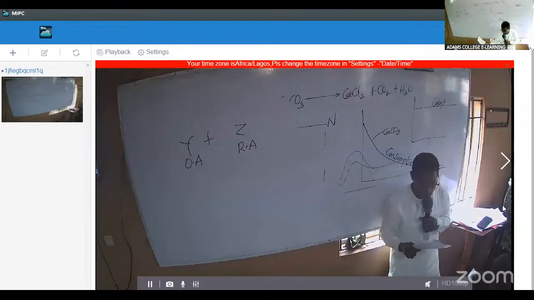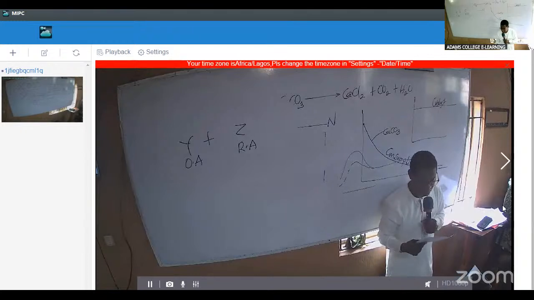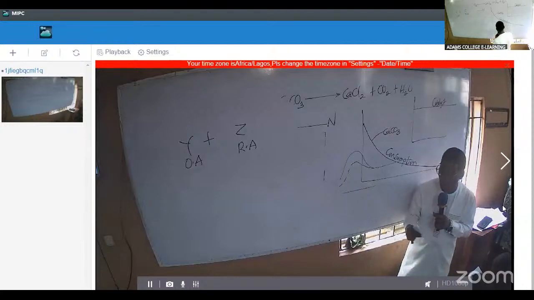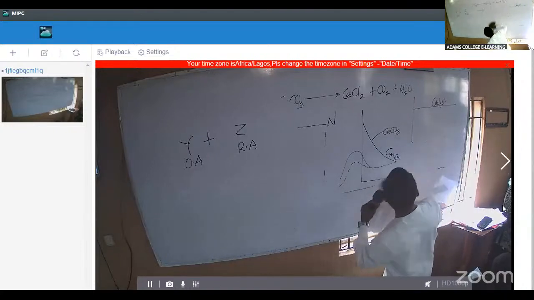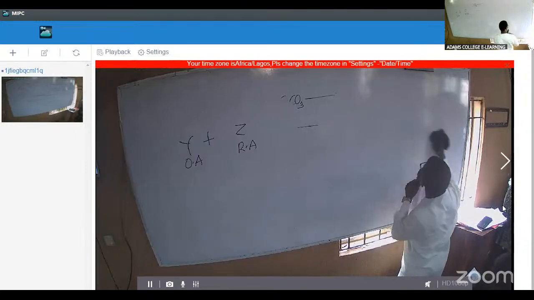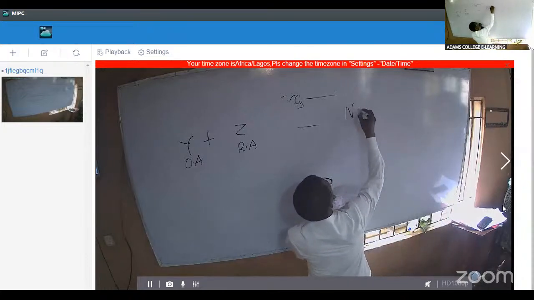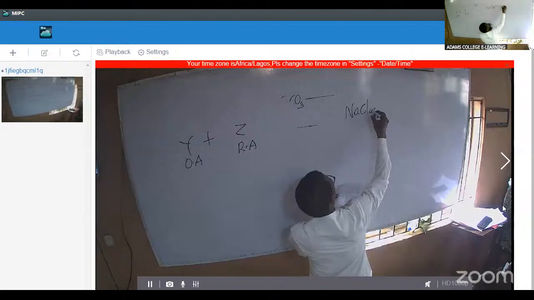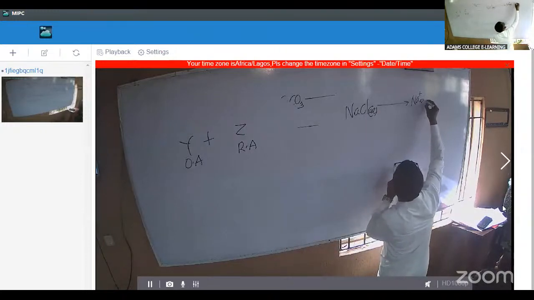27. In the electrolysis of a concentrated solution of sodium chloride, look at that word, concentrated. Sodium chloride will ionize to give us sodium ion and chloride ion, not chlorine ion.